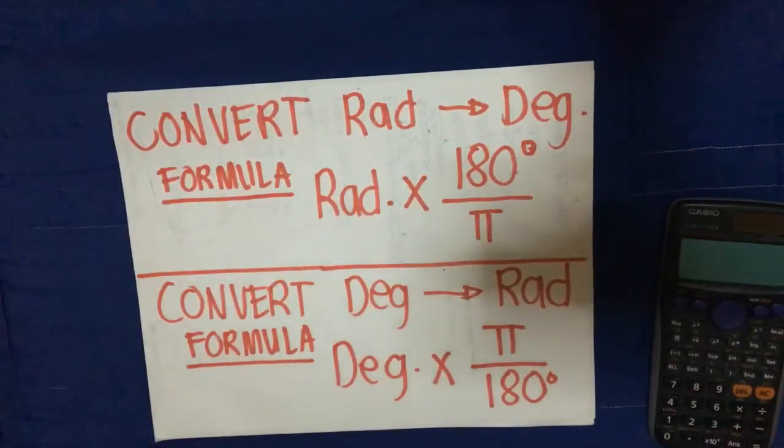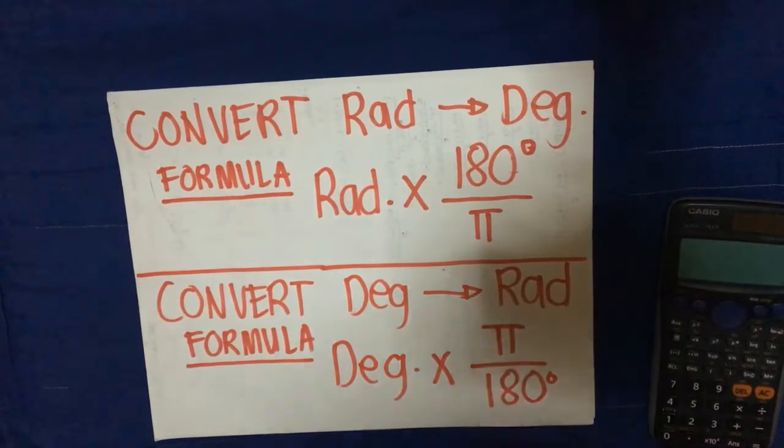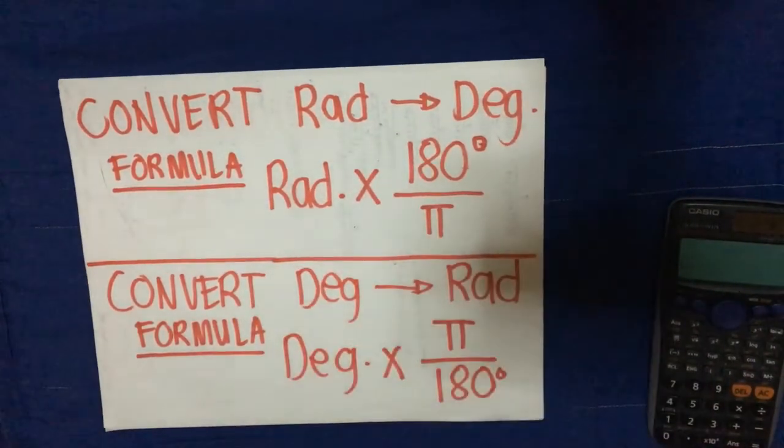Okay, so these are the formulas that you have to identify and remember in solving radians to degrees and degrees to radians. As you can observe, if you still remember, I sent you a table of values for the trigonometric functions sine, cosine, tangent, cotangent, secant, and cosecant.